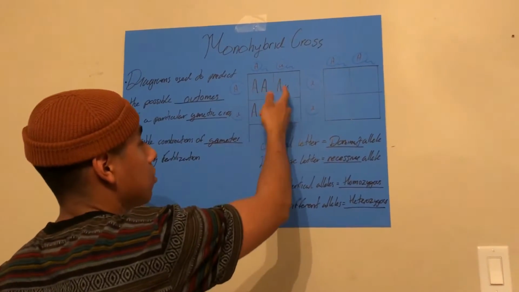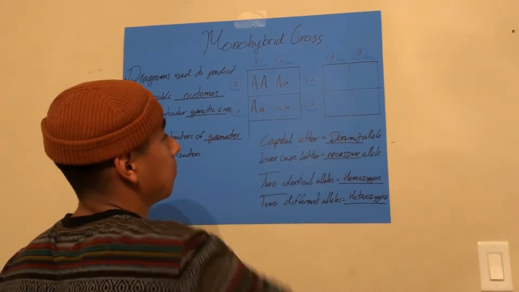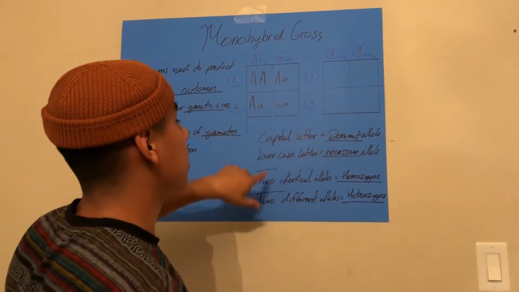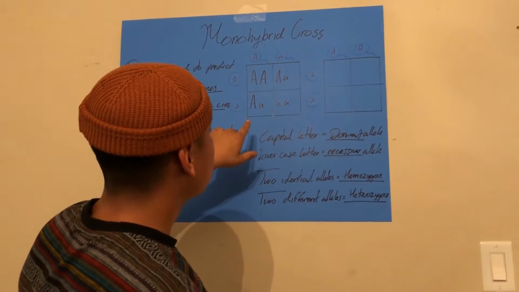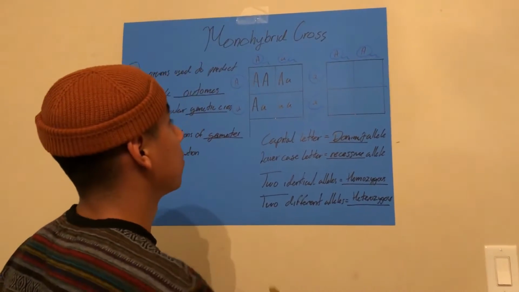So it's 1/4 here, and 1/4 that it would be recessive. And then it would be 50% that it would be heterozygous for the allele.